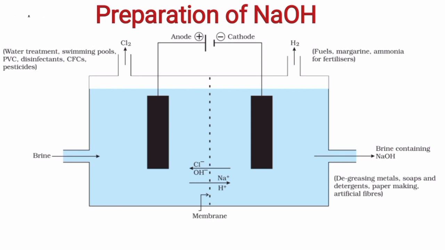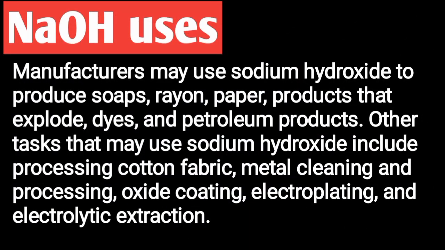And finally, one more product is formed, that is called sodium hydroxide. Sodium hydroxide is used for soaps and detergents, paper making, artificial fibers, and degreasing metals. So here we discuss the preparation of sodium hydroxide and also its uses.